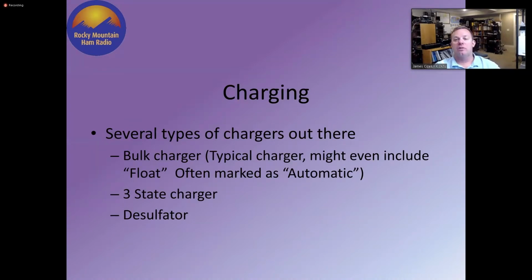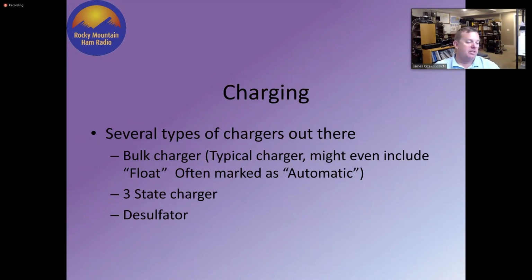The bulk charger, these are often the ones you see that look like about a lunchbox size. They got a handle and they usually have a single ammeter on them, and they might have 1 or 2 switches that say 6 volt, 12 volt, or they might say automatic or starting. You know, they're very simple. They're cheap chargers.